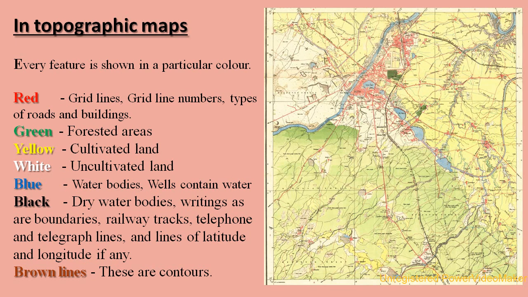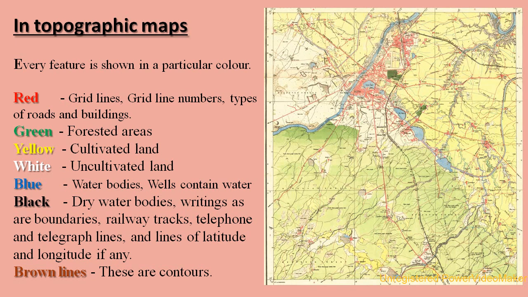That means wherever the farming is going on, those areas are marked with the help of the yellow color. The next color is white. White color is used to show uncultivated lands, the lands which are not used for cultivation or farming. Those areas are marked with the help of a white color.